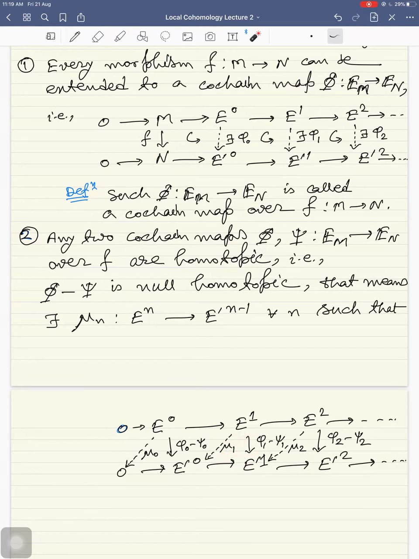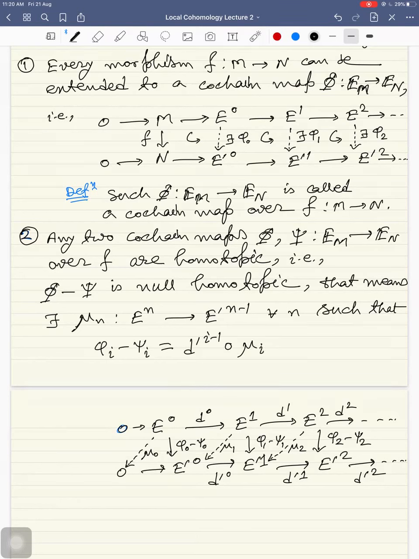So in terms of maps, if these maps are d naught, d1, d2, and these are d prime 0, d prime 1, d prime 2, and so on, then phi I minus psi I should be equal to d prime I minus 1 composed with mu I, plus mu I plus 1 composed with d I, and this is true for all I greater than or equal to 0.